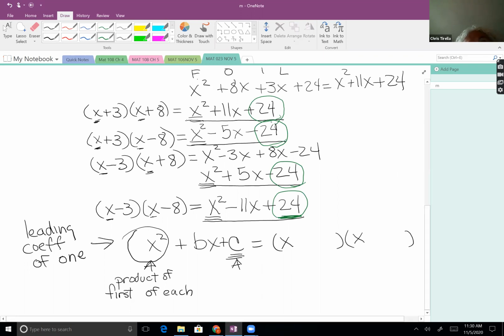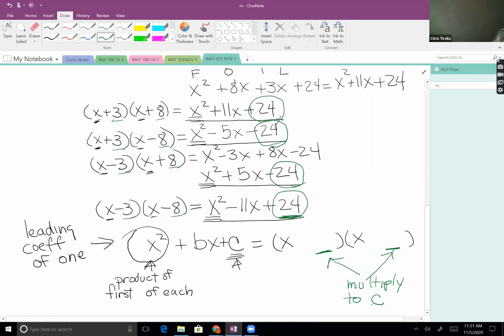Weren't the 24s the product of the 3 and 8? And so whatever goes into these two spots has to multiply to my constant term.